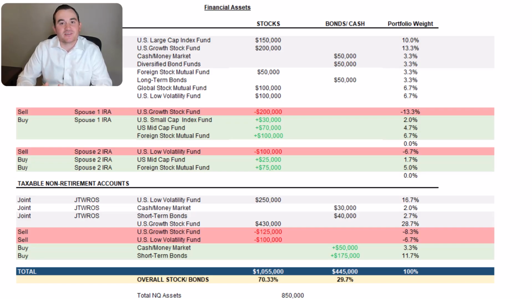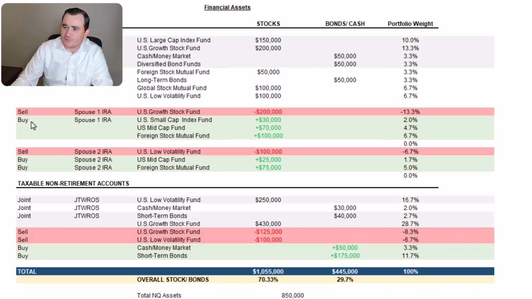The first thing I would say is that the IRAs, the retirement accounts that are tax deferred, are the better place to make big changes, especially for stock investments, because you don't have as much of that capital gain dilemma where you have to pay taxes when you sell and book the profit.